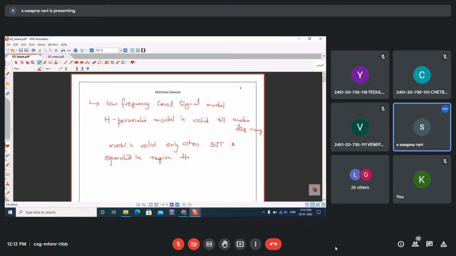Hence, to operate the BJT in the active region, the peak to peak amplitude of the input signal is to be small.